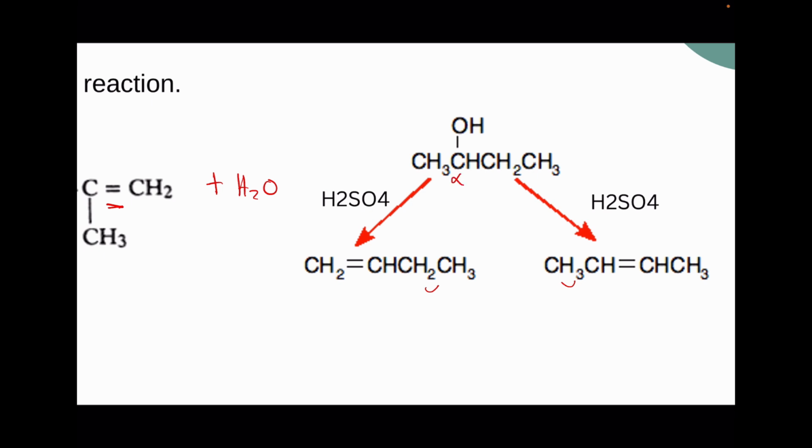Then you have two possible carbons that can form the C=C double bond, the first one and the second one. Based on the Zaitsev rule, the major product is the structure that gives the more highly substituted alkyl group at the C=C, which is structure number 2.